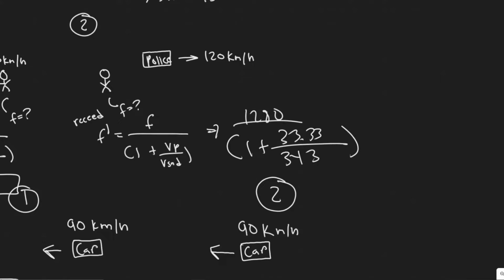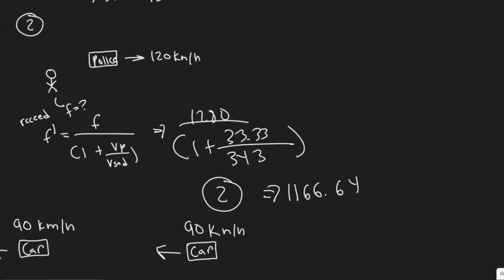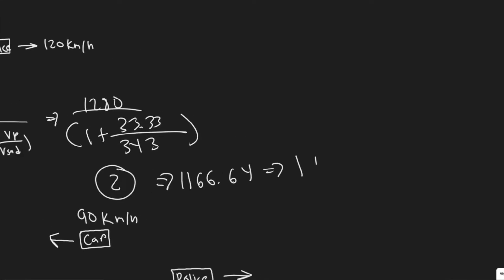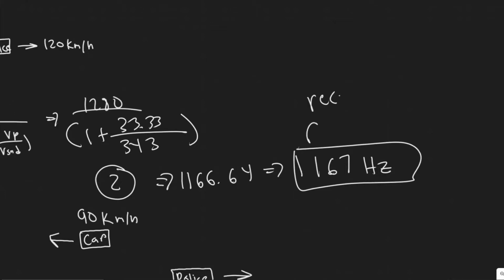I did minus, my bad, it's plus. So 33.33 divided by 343 plus 1, and 1280 divided by that value. You'll get 1166.64. So we're going to say 1167 hertz. Keep in mind this is for receding.